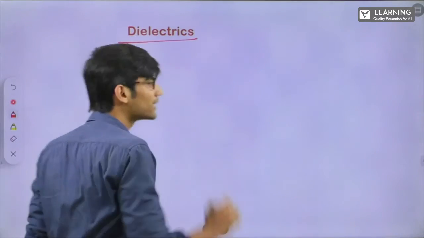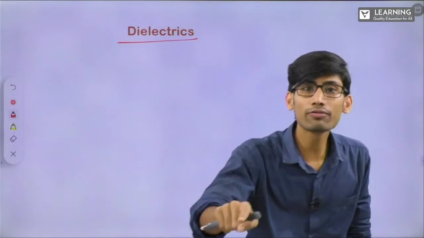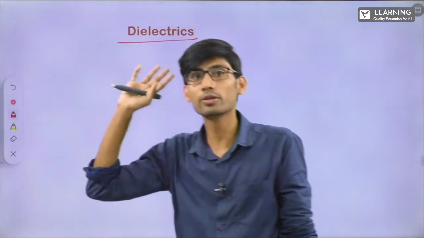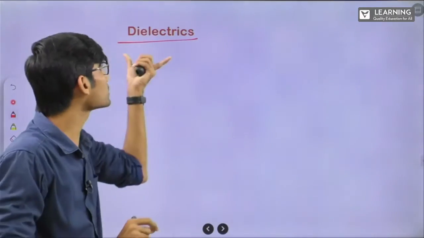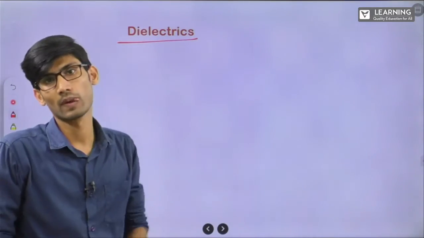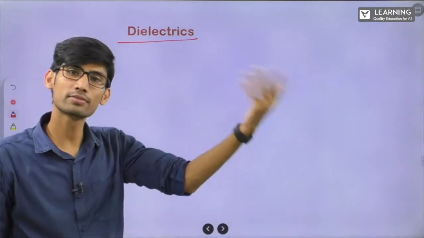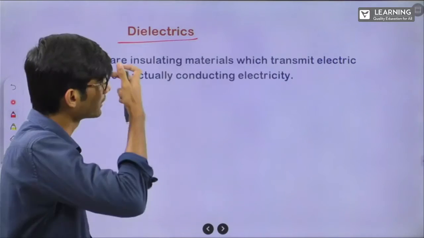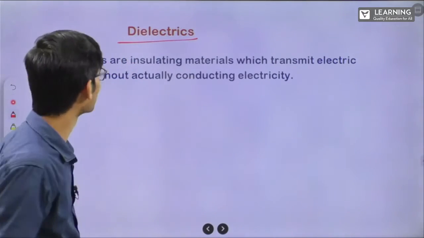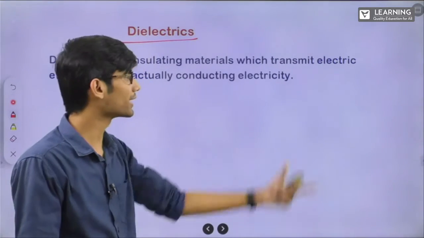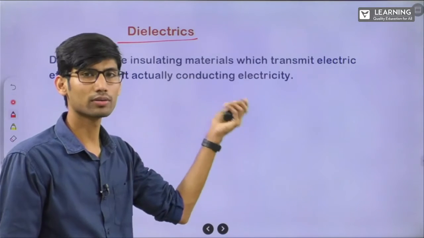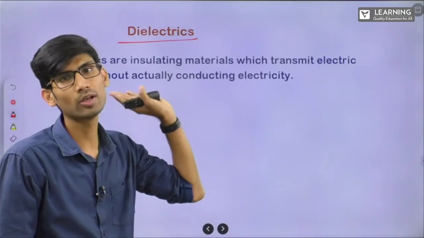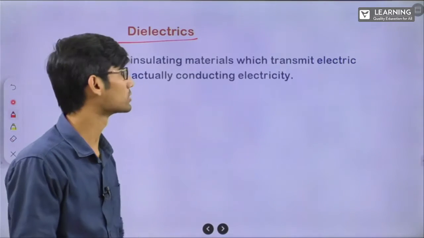When this dielectric is placed in an external electric field, the flow of current cannot be possible, but a formation of electric field is possible. Dielectrics are insulating materials which transmit electric effects without actually conducting electricity. Electric effects means they will allow an electric field to be formed inside them, but there will be no flow of charge.